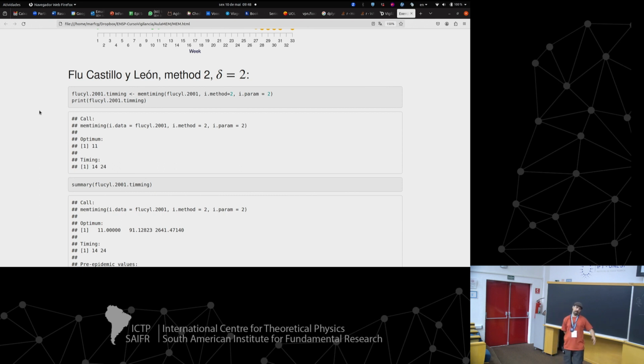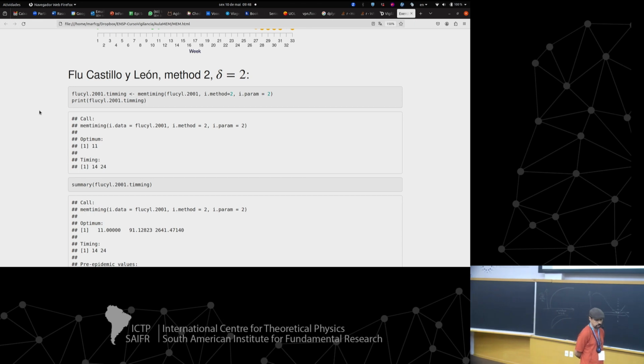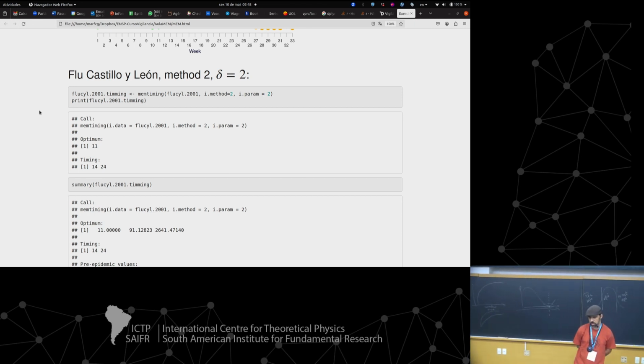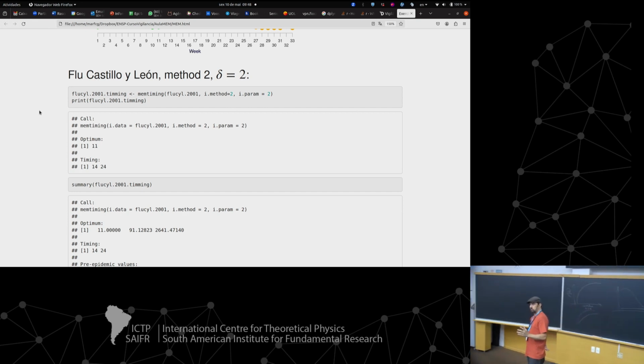So by evaluating this method on different observations, they propose that usually a good threshold should be a value between 2 and 4. And this is just an empirical result.